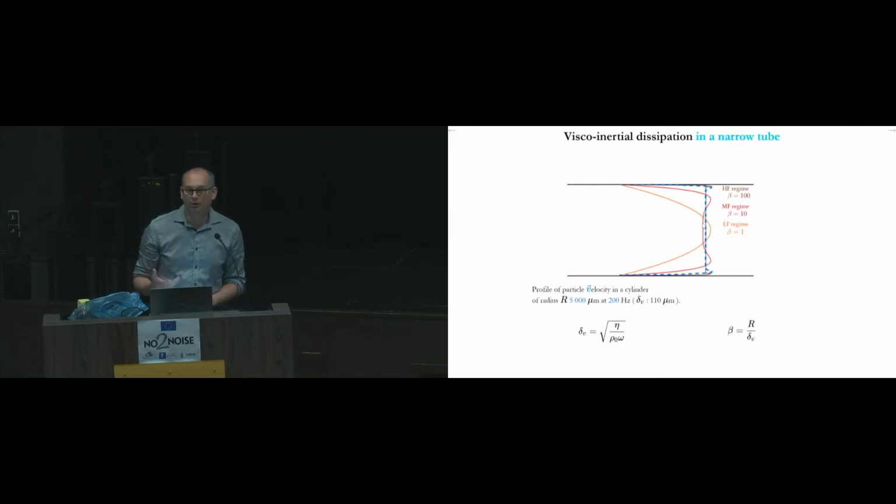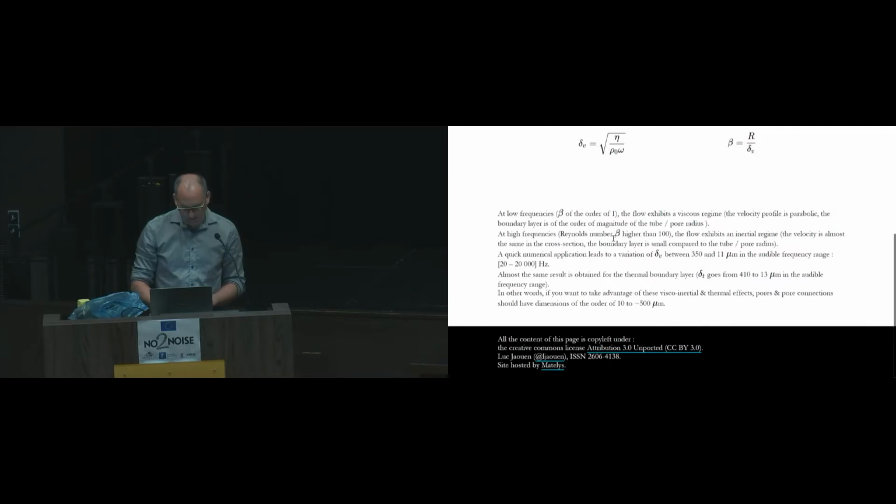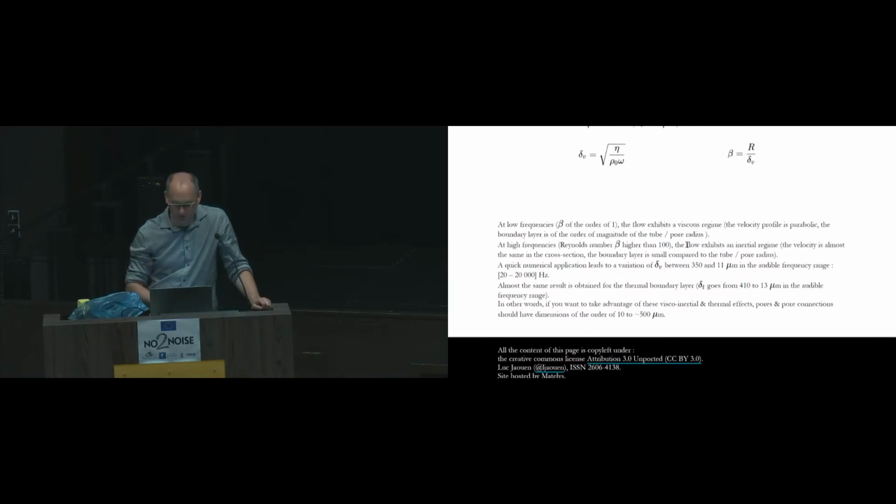So in the frequency range, if you want to have some dissipation from viscous effect, you need a value of the radius of your pore between 11 micrometer and 350 micrometer.